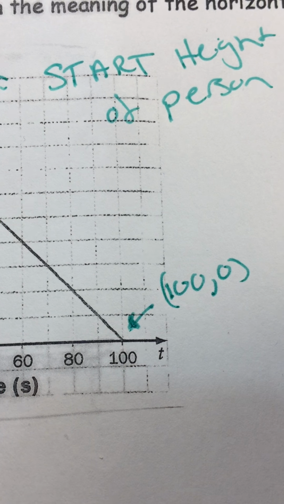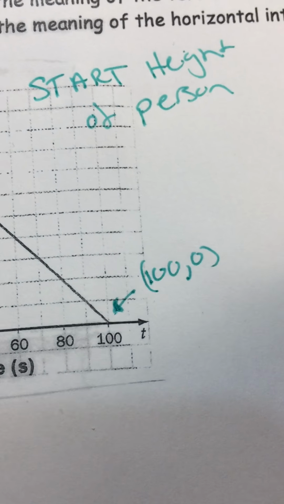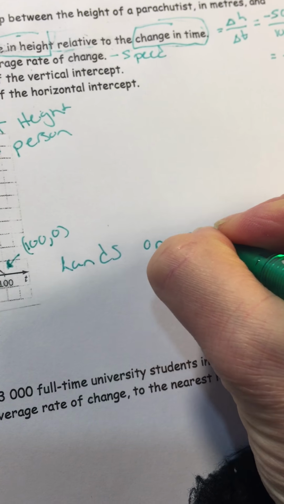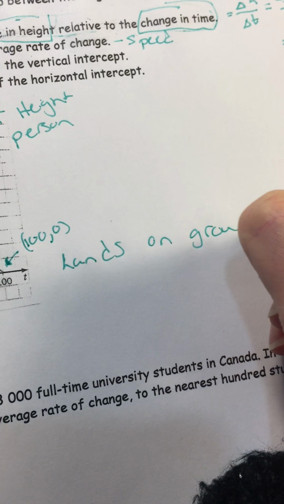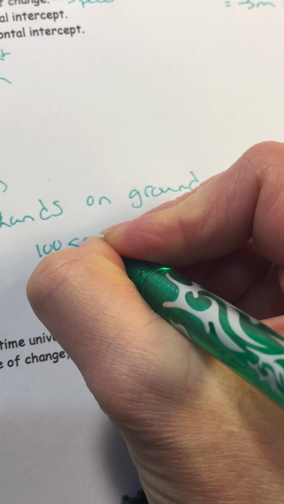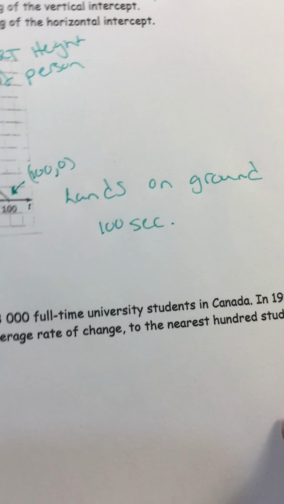And you can see, what's happening there? Well, at 100 seconds, the guy hits the ground. 100 seconds is how long it takes to land on the ground. He's landing on the ground because his height is 0.